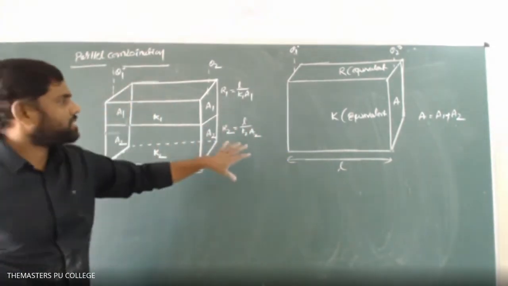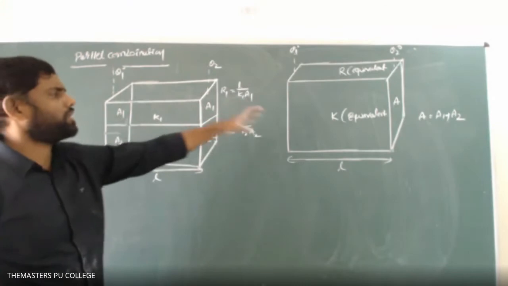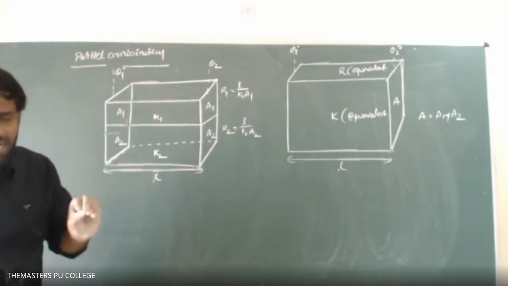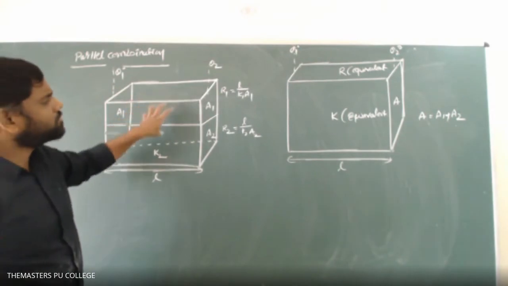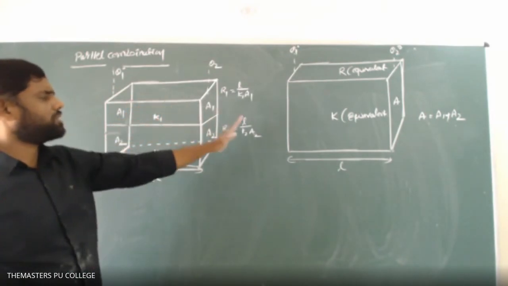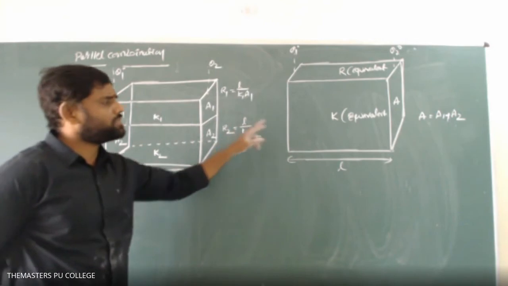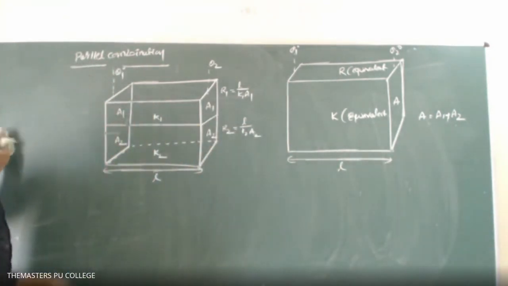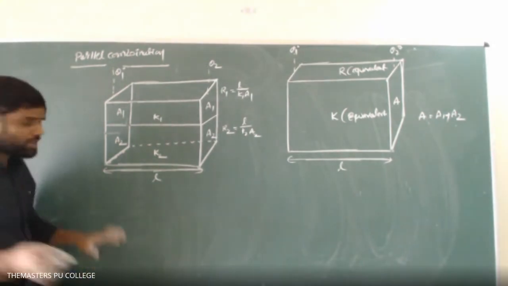So if you remove these two and replace them with the equivalent, nothing will change. What I mean is that these two rods together allow a certain amount of heat per second, and the single one can do the same. Let us go with an example.